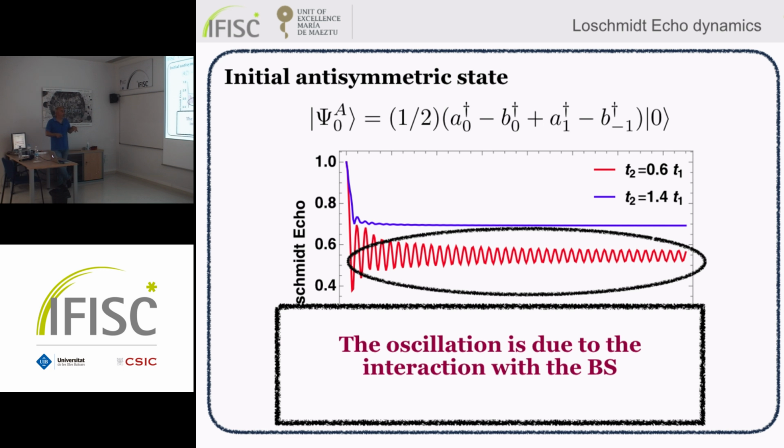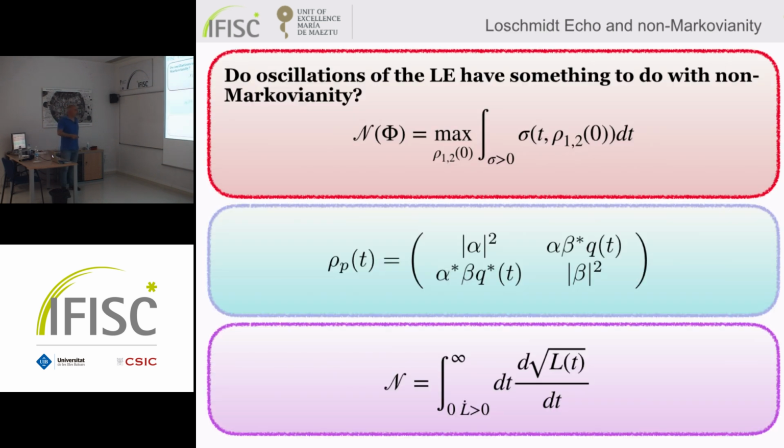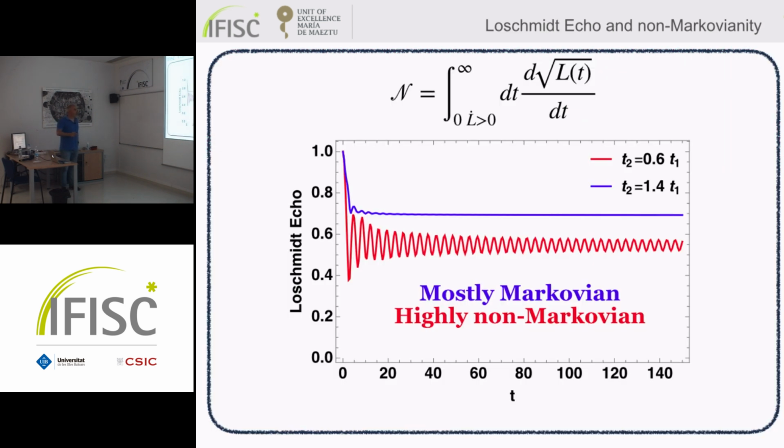So you take all these increasing parts, you sum them, so the difference between this function here and here, here and here, and so on. This is the amount of non-Markovianity of your dynamics. In the other case, it is almost 0. So this is a highly non-Markovian behavior, and this is a mostly Markovian behavior.